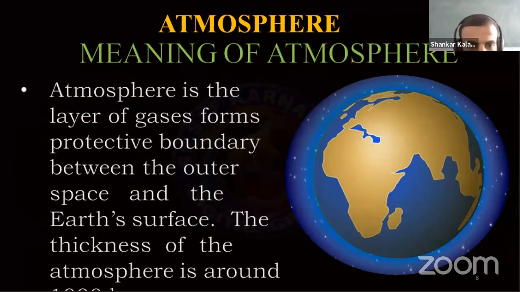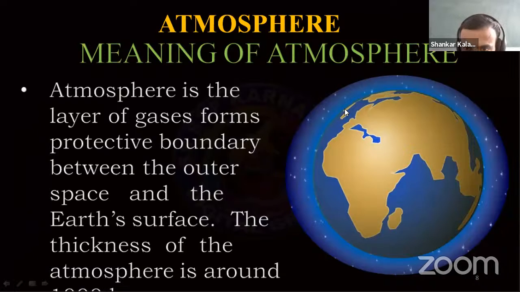Atmosphere is the layer of gases that forms a protective boundary between outer space and the earth's surface. It is a composition of gases, dust particles, and other components. Which one? Atmosphere. It is found between outer space and the earth's surface.